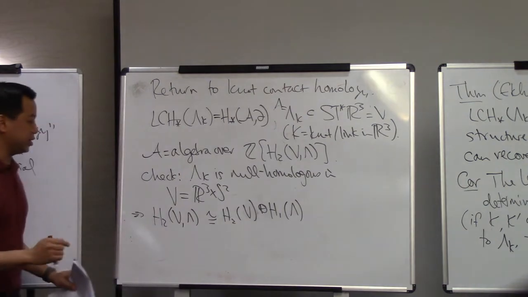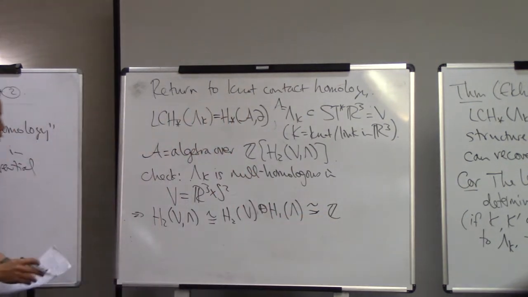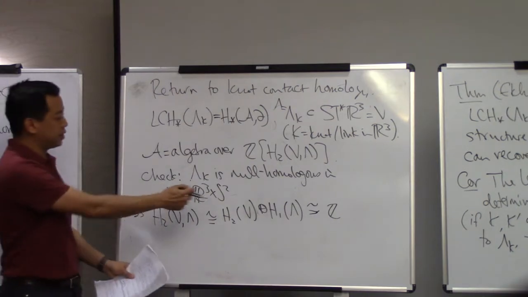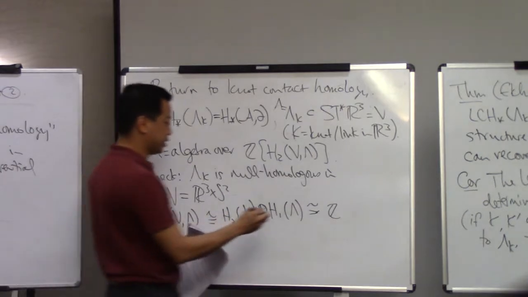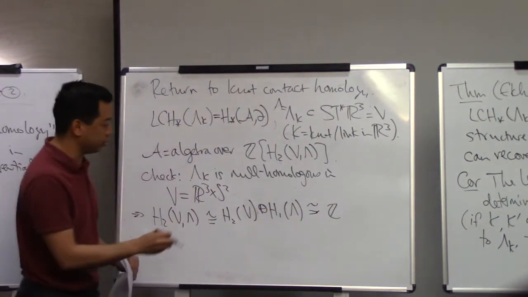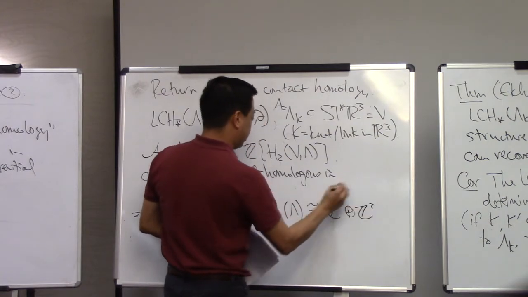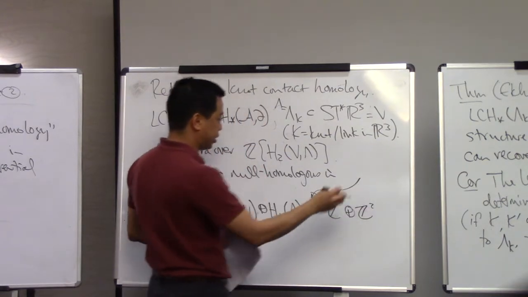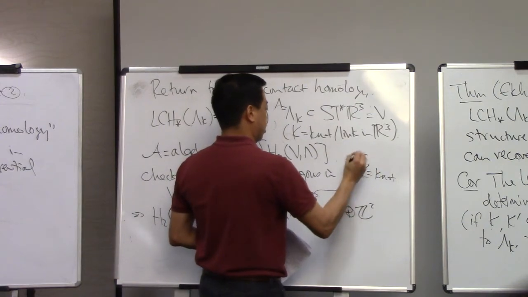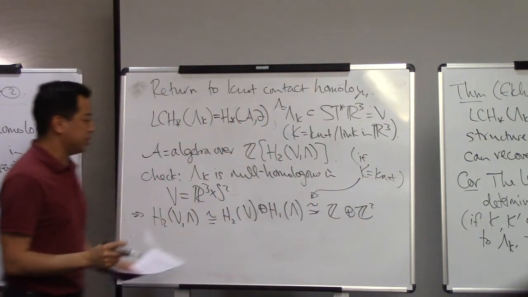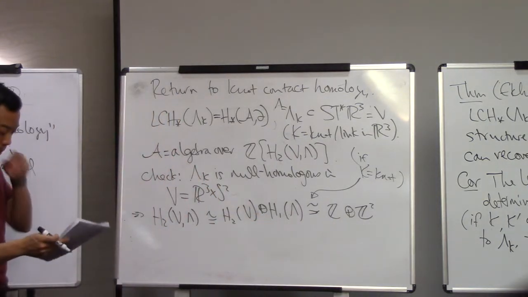Okay, H2 of V, that's just Z, right? And H1 of lambda, so lambda is a union of some number of tori, so this is just Z squared to the number of components. Just for simplicity, let's assume for a second that k is a knot. Otherwise, if it's an R component link, then it's Z plus Z to the 2R.